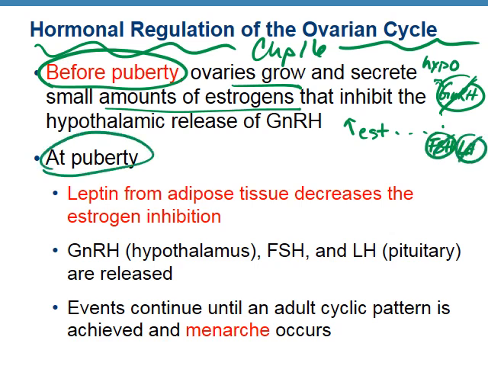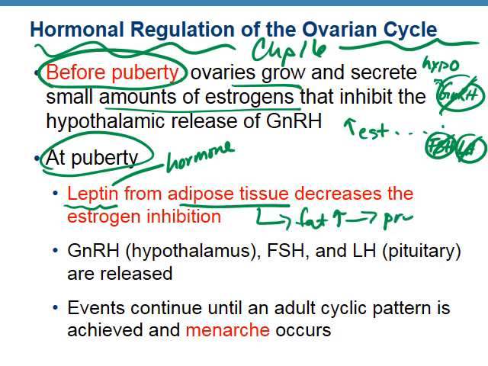All right, now at puberty, we have this hormone called leptin, and this comes from adipose tissue. Basically, it's really necessary in the beginning phases when you're trying to develop a central nervous system.